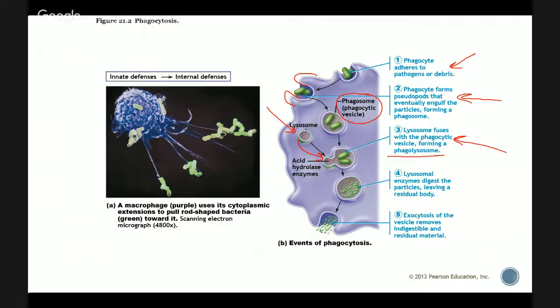Now, within that lysosome, we have hydrolase enzymes. It's acidic. It's an enzyme that breaks apart the pathogen. Those enzymes are going to digest the particles, leaving residual bodies. But these residual bodies have no negative effect on the body.